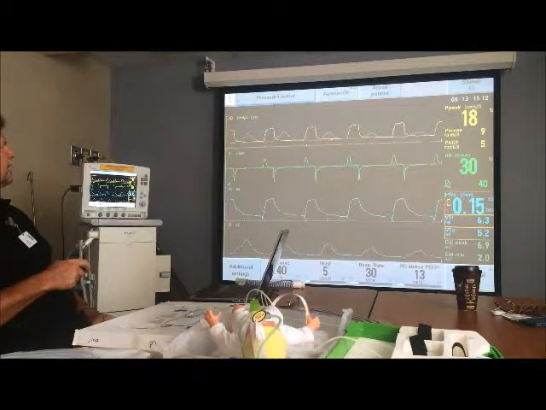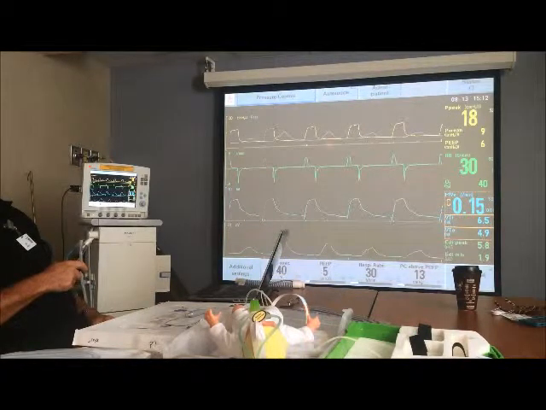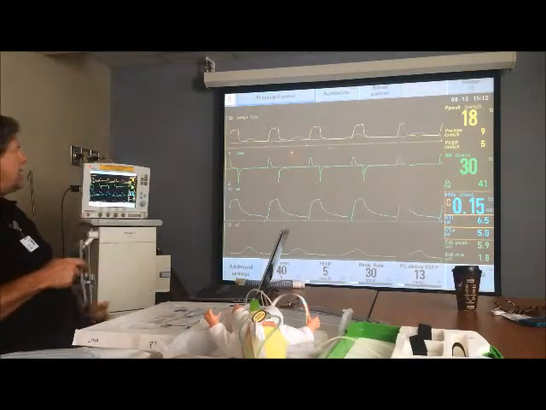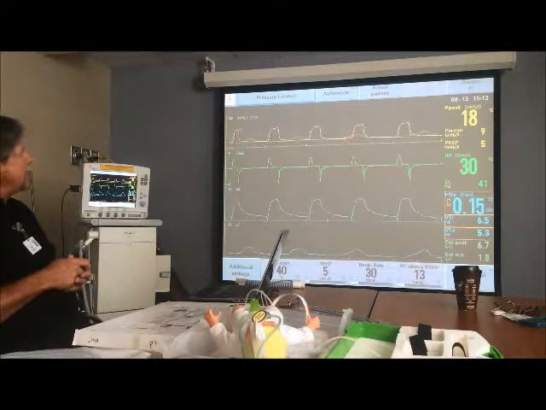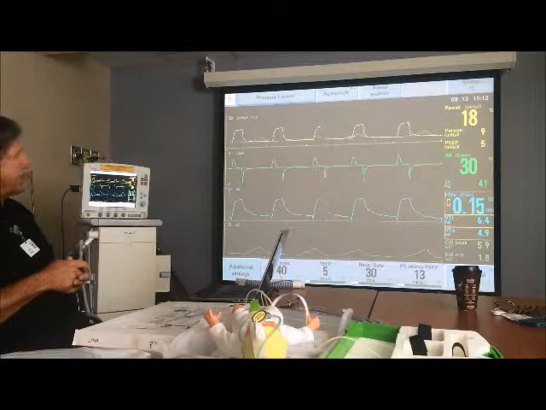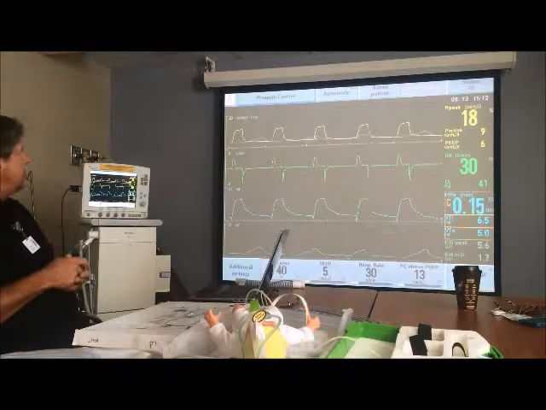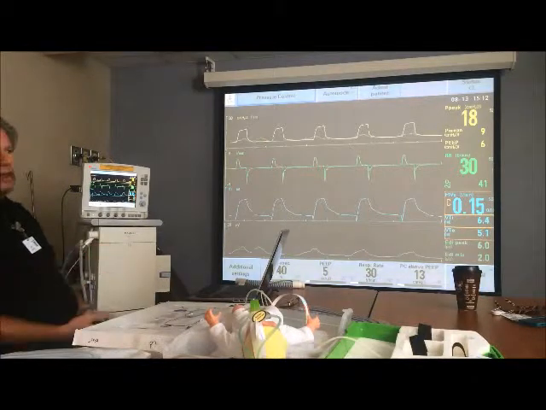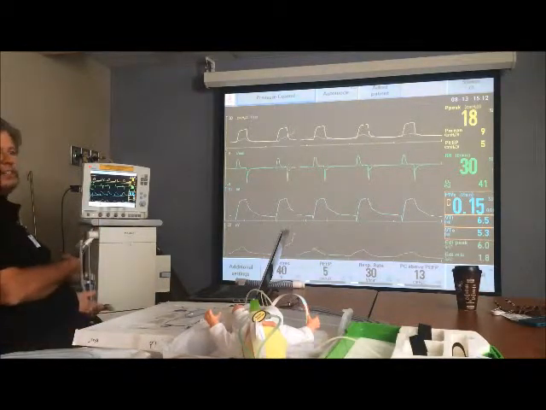The baby's breathing, the diaphragm's moving, but we're not even capturing some of these breaths. We had no idea that this was occurring, right? Here's the diaphragm moving right here, but the ventilator didn't respond, so that's a triggering delay. And there's another triggering delay. But here, the diaphragm moved, but the ventilator didn't even see the effort.